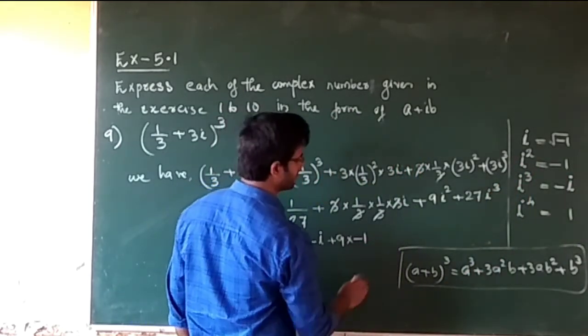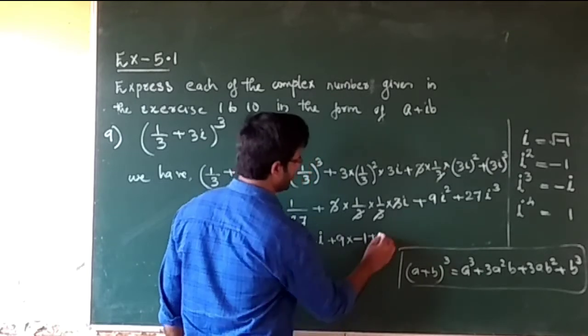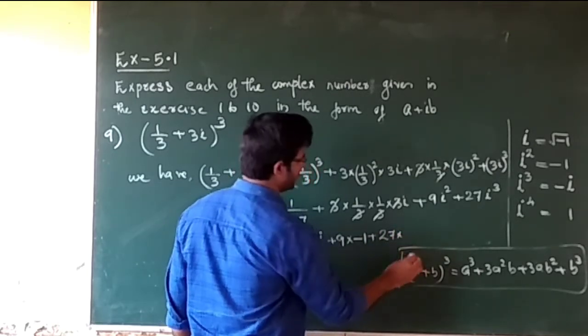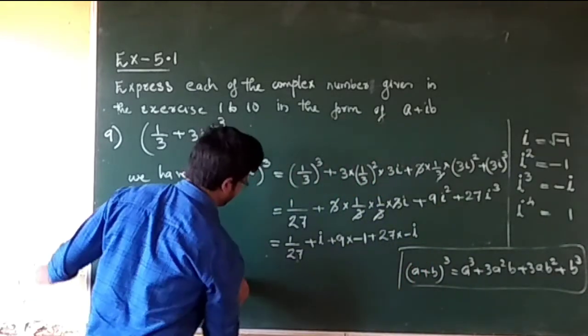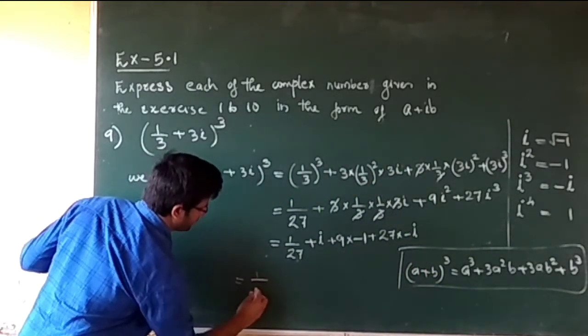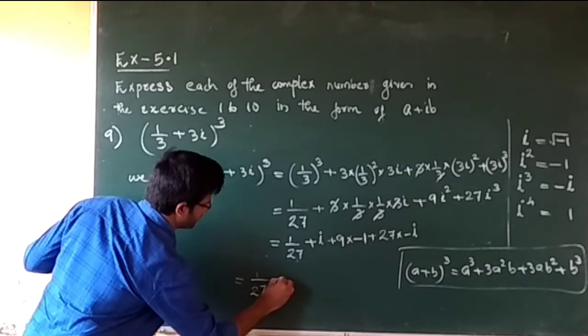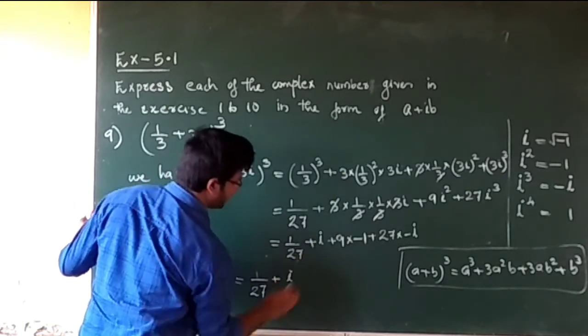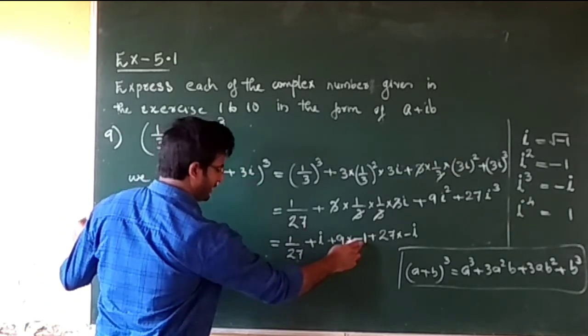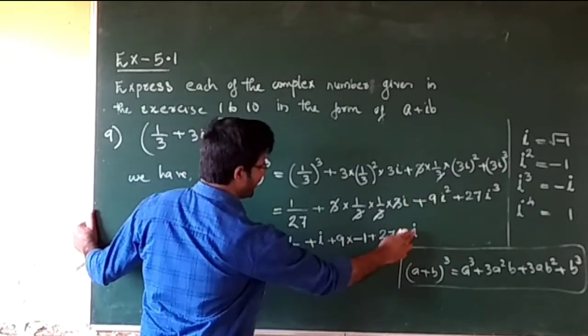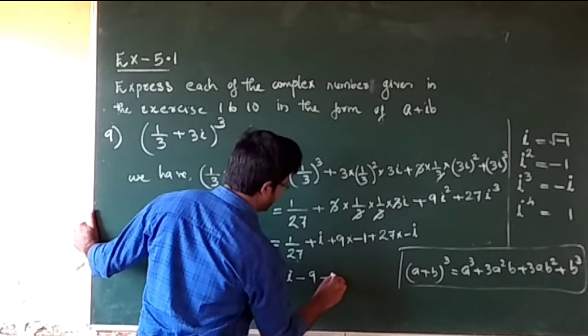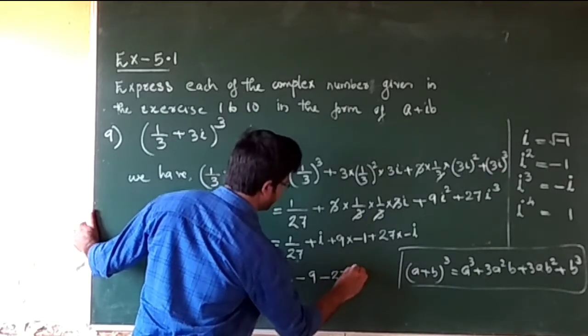Minus 1, plus 27 into i cube. i cube means minus i. 1 by 27 plus i here. Then 9 into minus 1 is minus 9. 27 into minus i, we can write minus 27i.